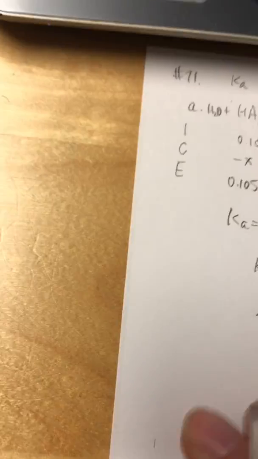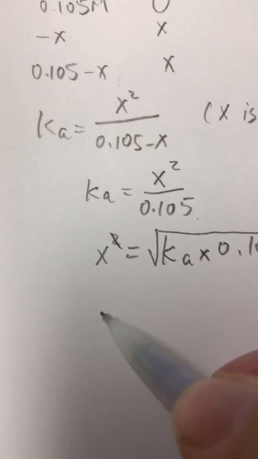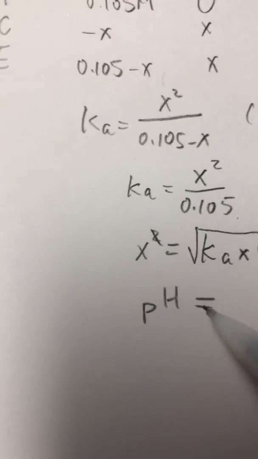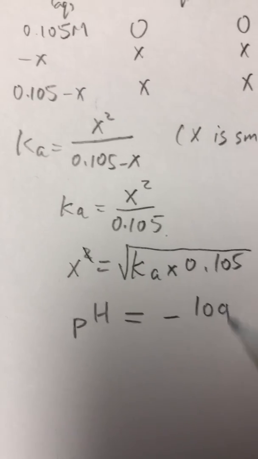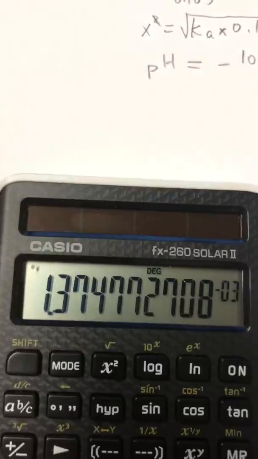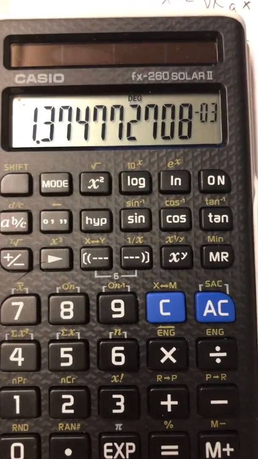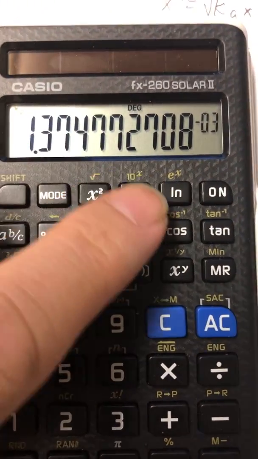Now the next step is to find the initial pH. The pH equals negative logarithm of x. Since this value is still here, you can simply push the logarithm button right there.